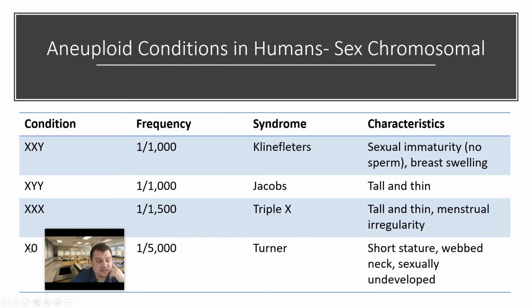Sometimes the female only gets one X chromosome, so this would be monosomy, where she lost that extra X. It was fertilized with an egg or sperm that did not receive an X or Y. If that's the case, these are considered female. It's called Turner syndrome, and these are some characteristics that they notice there.